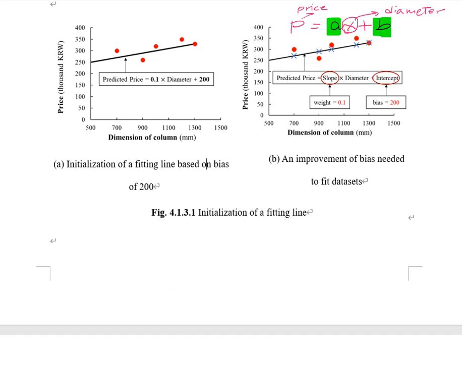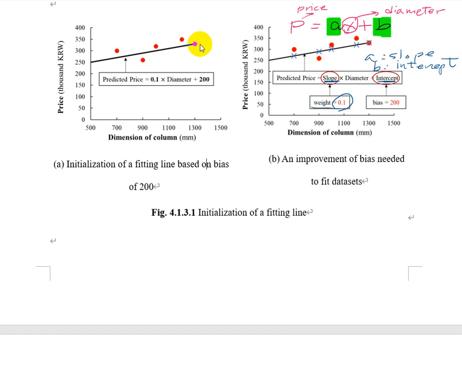So a here, I'll say slope, and b, I'll say intercept, y-intercept. If you see over here, slope and y-intercept. So we just assign any initial value. We call this the initialization of the fitting line.